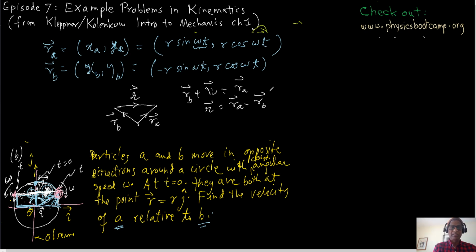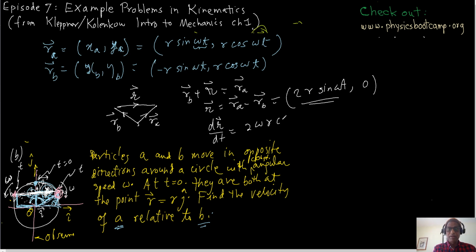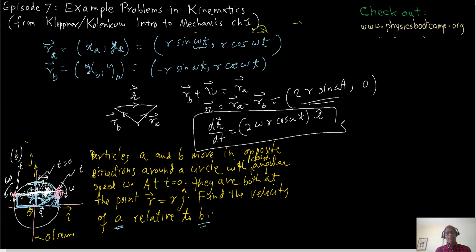If you put this in there, its components will be 2r sine omega t and 0, clearly pointed towards the x-axis in our diagram. So if I take dR/dt, it will be just 2 omega r cosine omega t along i hat. So that's how simple it is.